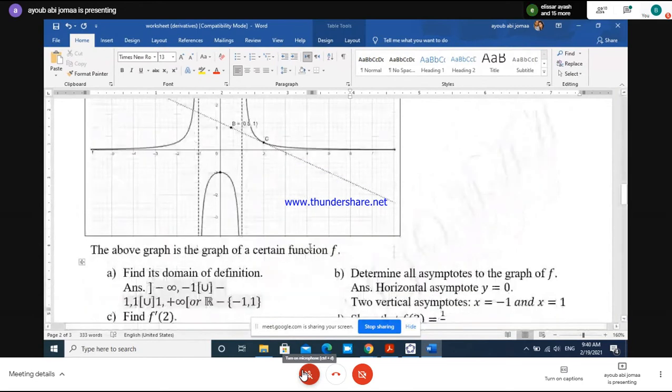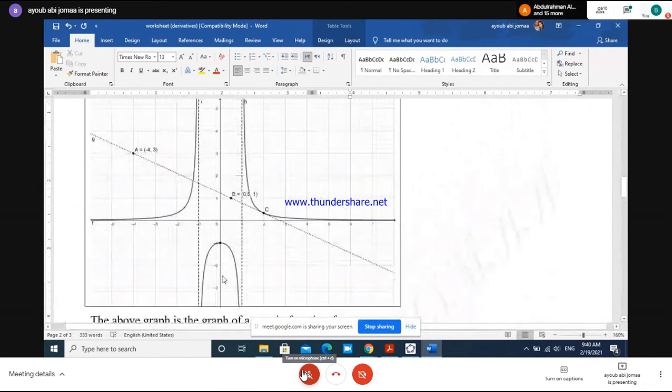Here you don't have the function, okay, and you are not given the coordinates of point C. If you are given the coordinates of point C, then y of C it is f of 2, right? Because C is a point on the graph. صح? So y of C it is f of 2, but you don't have y of C. كيف طلع بقى؟ How to find y of C?